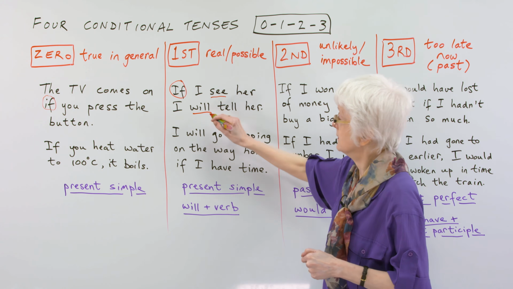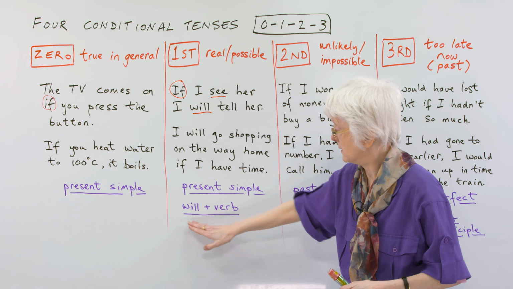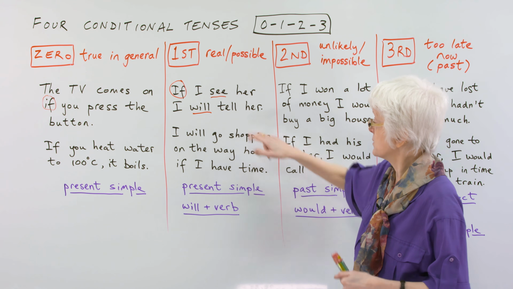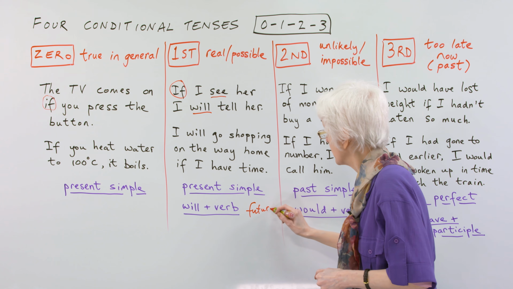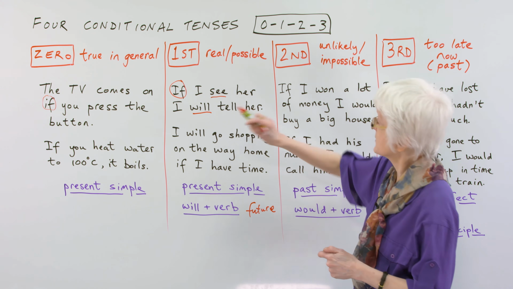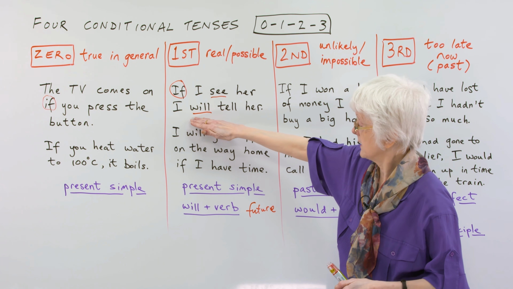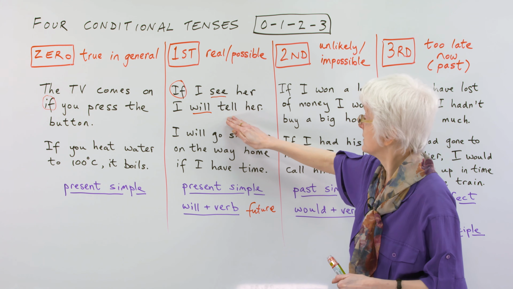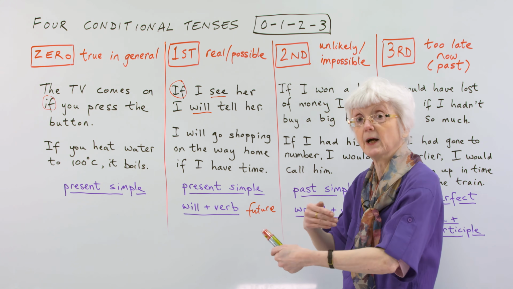So then will, you're using the future there. So will plus the verb, I will tell her. That's the future. Okay. So it's present simple for the if clause and future for the main clause. I will tell her if I see her. You can say it that way round.